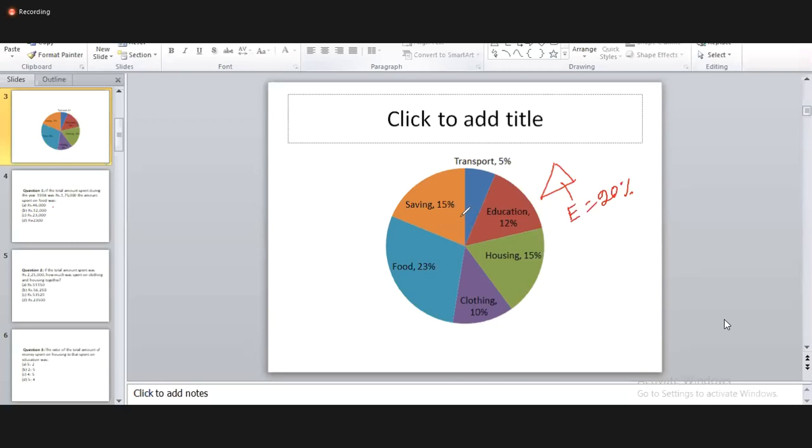Okay, now I have a question. If he is spending 5,000 on entertainment, what is his income? Let's say he is spending 5,000 on entertainment.